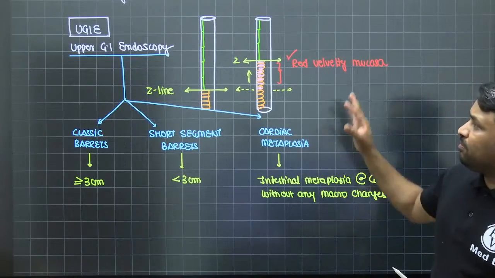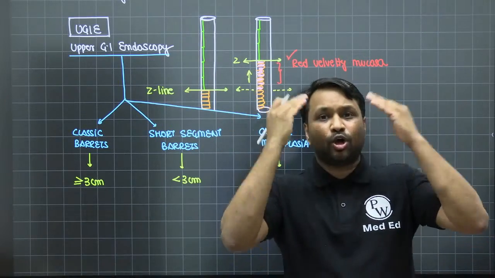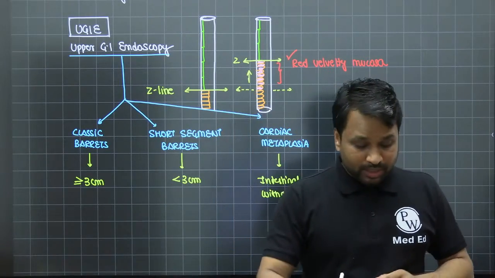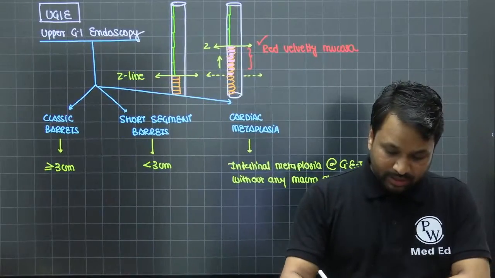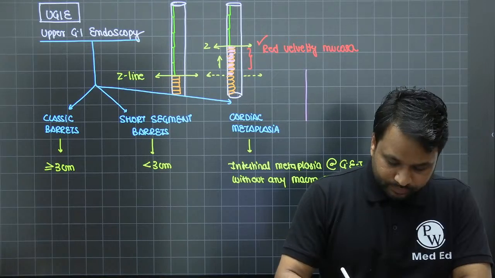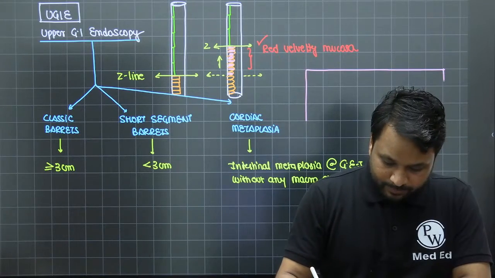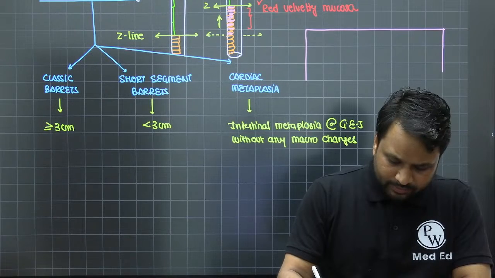Now, whenever you have a patient with Barrett's esophagus, where you have this red velvety mucosa, whatever might be the component, I will simply address this as a note point. The minute you see Barrett's esophagus, I'm a little bit worried. Why am I worried?